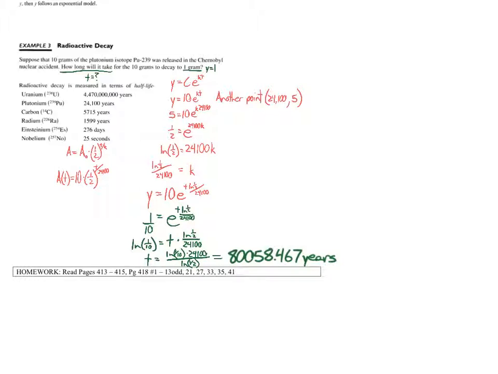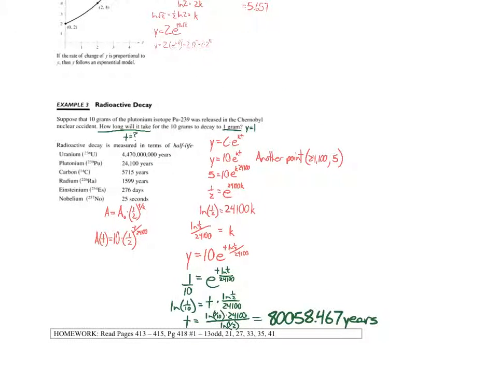Okay, now what questions do you guys have? Anything? So, as to not remember every individual formula, you said there's a general one. Would that be the e to the kt? Yeah, this c e to the kt is for any kind of exponential growth or decay, no matter what the context you're dealing with.